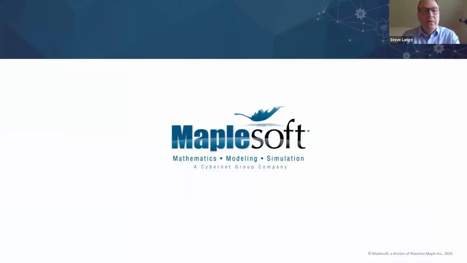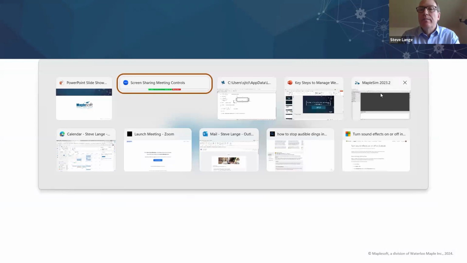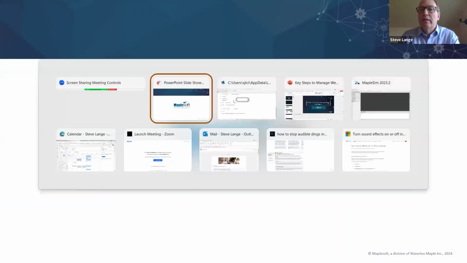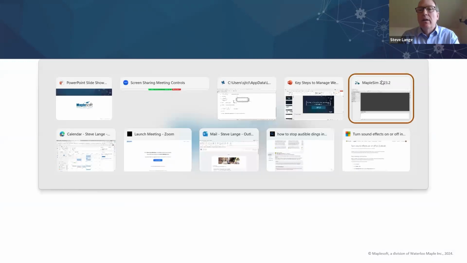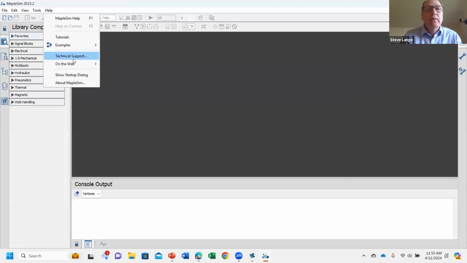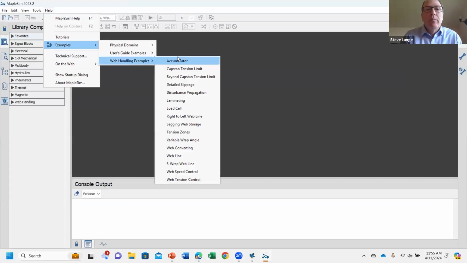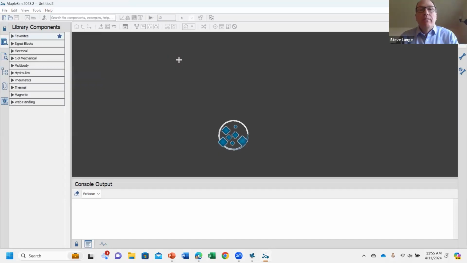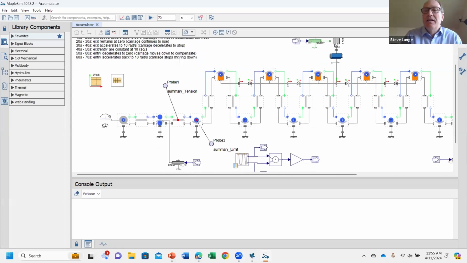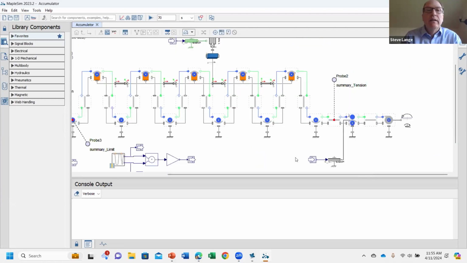Sorry, I don't want to use all our time up here. Okay, here we go. In the help section, and hopefully you can see my screen, there's an example of an accumulator that is a much more complicated set of rollers, as might be used in a dancer.